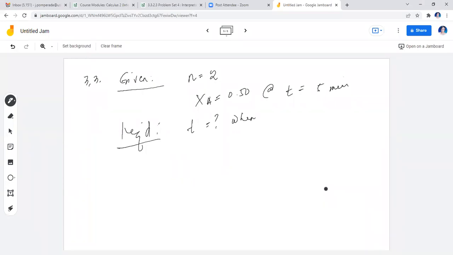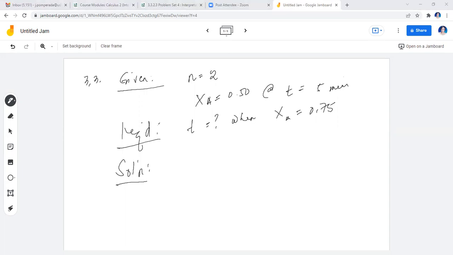Yes, miss. The required is T when X sub A is equal to 0.75. So what formula should I use? Second order, case 2. Let's see. KT is equal to 1 over CAO times XA over 1 minus XA.